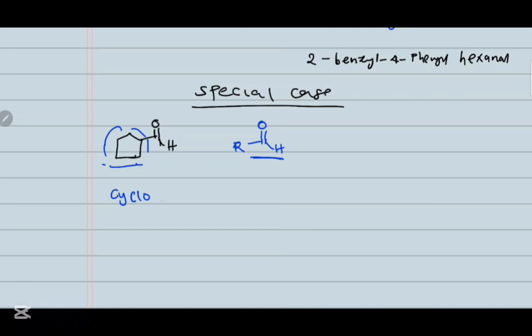It is cyclopentane. Then this aldehyde you just put here like carboaldehyde. So we need to be very careful when naming this one. So this is cyclopentane carboaldehyde. That's example number 1 here.